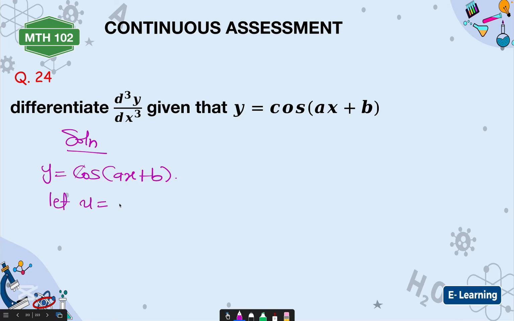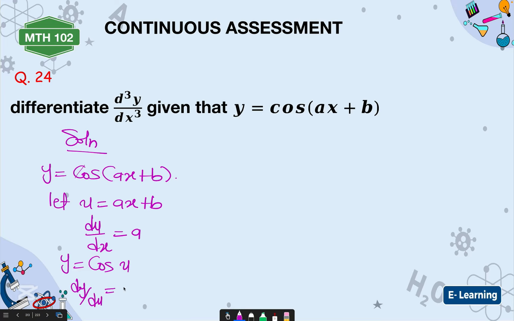Now, let u be ax + b, so that your du/dx will be, when you differentiate ax, it will give us what? a. Differentiate b, it will give us 0. du/dx will be equal to a. So our y will become cos u, because we already said let u be what? ax + b.